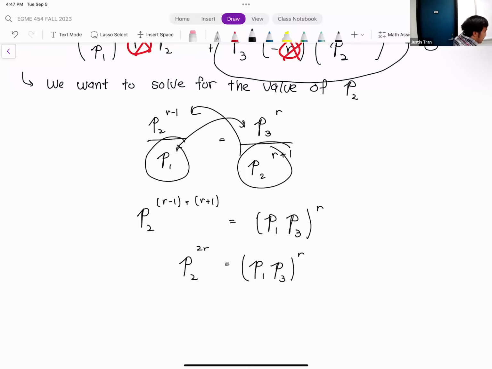We simplify the exponents on the left-hand side, we get P2 raised to 2R, and on the right-hand side, we have P1 P3 to the R. Okay.